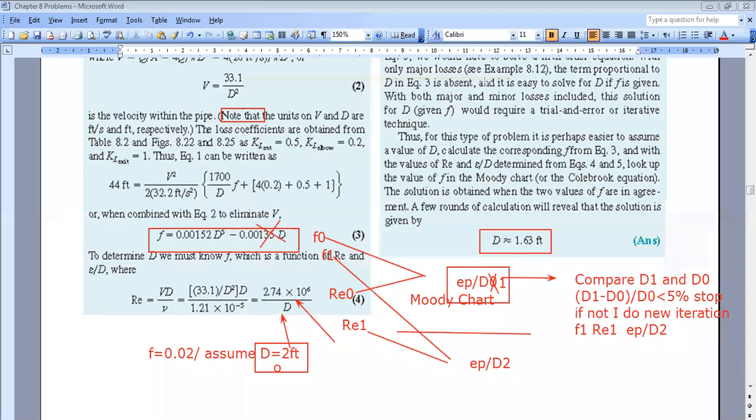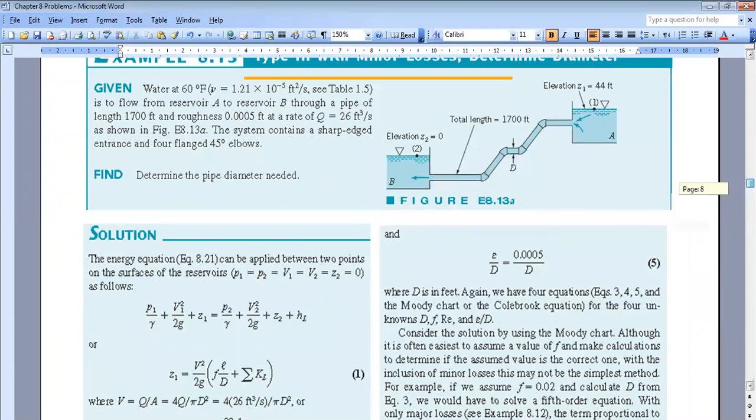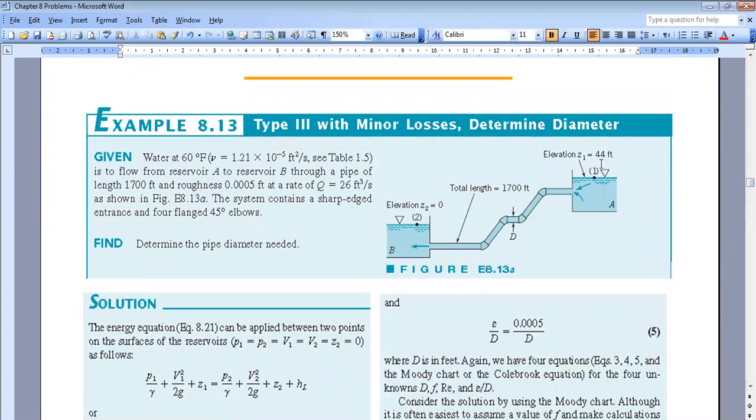Okay. Whenever you have a problem involving flow in ducts with accessories, always the first step is to write the energy equation.